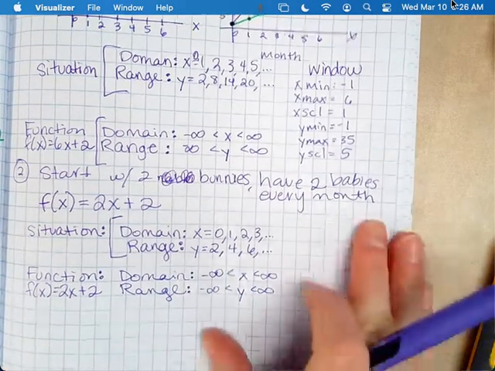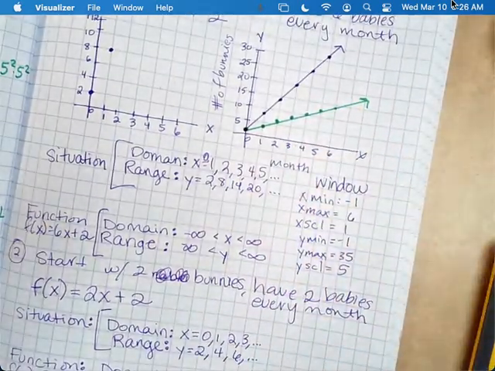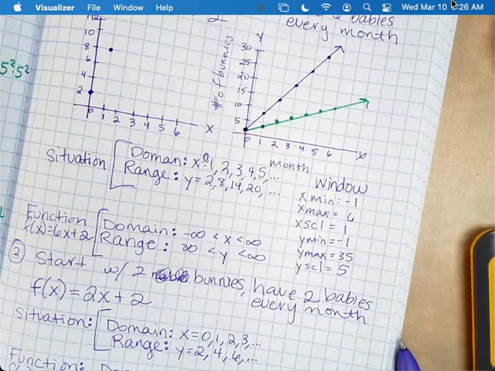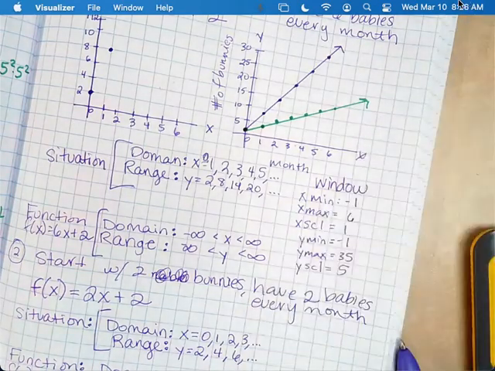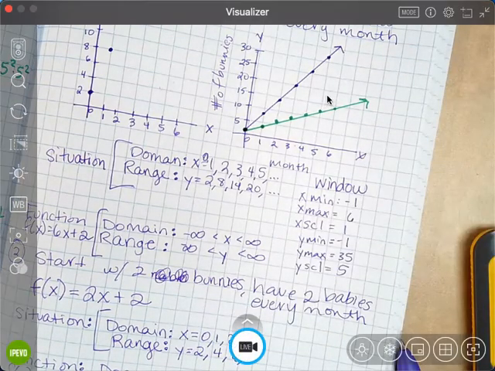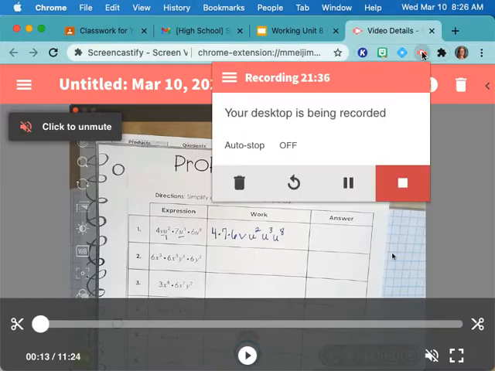So at your table, I want you to talk about how these two situations compare, number 1 and number 2. How do the situations compare and how do the functions compare?